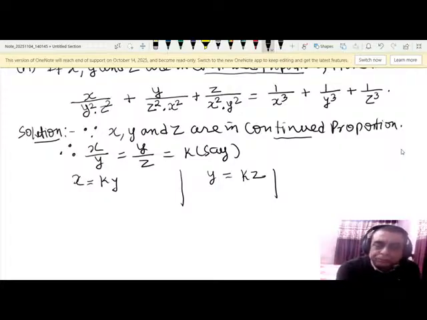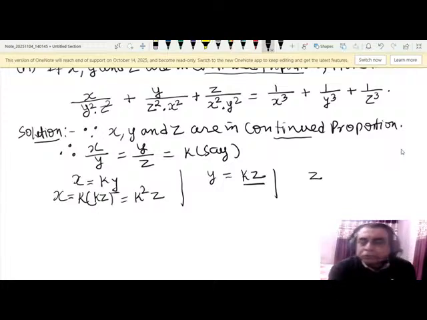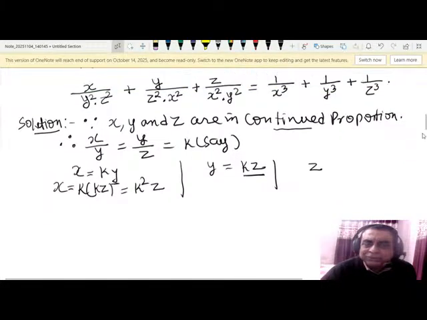So here in place of y, I am putting kz, and z will be taken as z. So x value will be k multiplied with the value of y, which is kz. So this comes to k squared z.